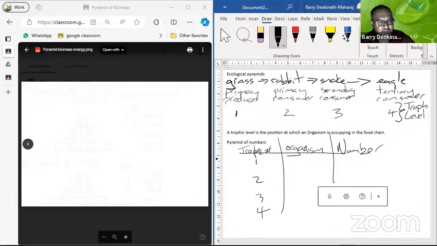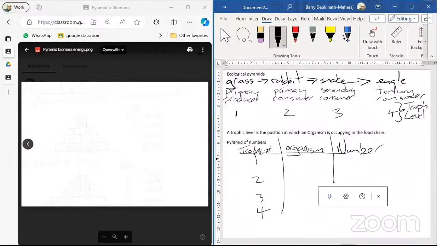What are we going to put here using this information? Trophic level 1 is grass. Right, grass.